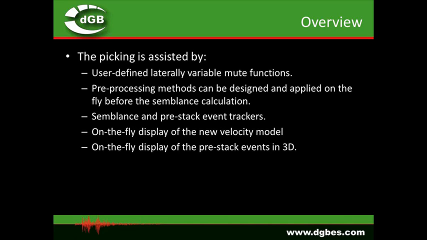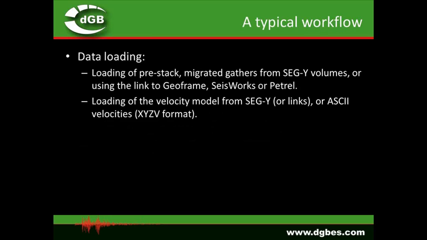You will also be able to display in this plugin an on-the-fly display of the new velocity model while it is being created, and you will get an on-the-fly display of the PreStack events in the 3D scene of OpendTect. I'll give you examples of all of this. A typical workflow starts with data loading. You will have to load your PreStack data.